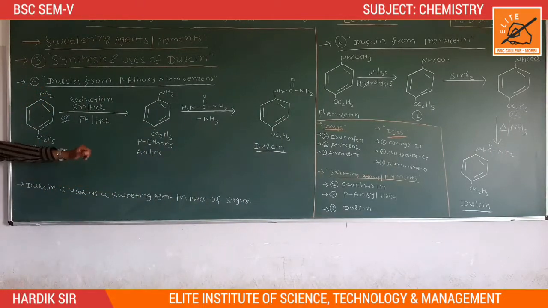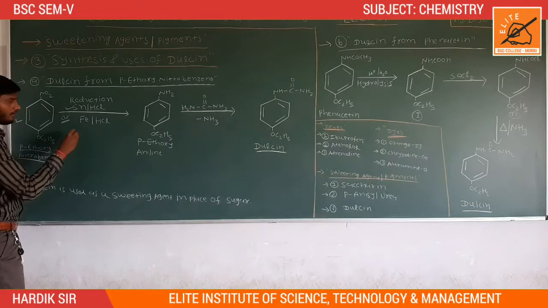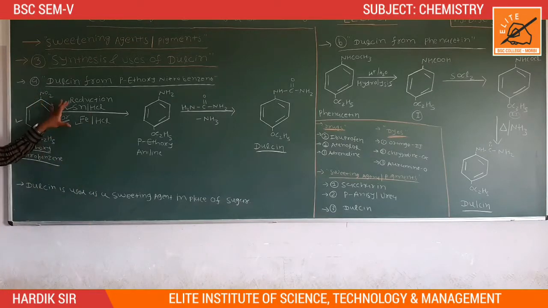Now we take the para-ethoxy nitrobenzene. This is the structure of para-ethoxy nitrobenzene. It is reduced with stannous and HCl or ferrous with HCl. These are the two reducing agents, stannous with HCl and ferrous with HCl.